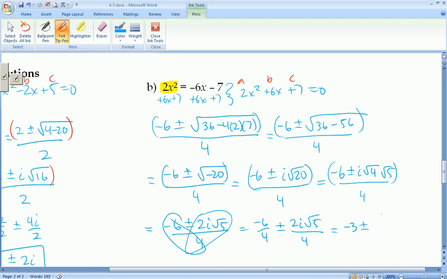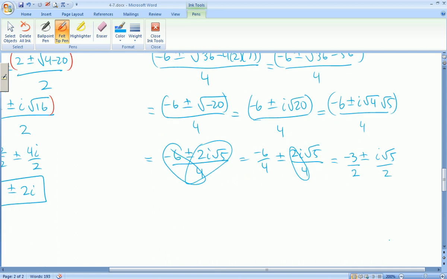And then this and this cancel out, it just becomes i radical 5 over 2. Okay. This could be an answer. Some people like to put everything under 2 since they have the same denominator. This is also acceptable.